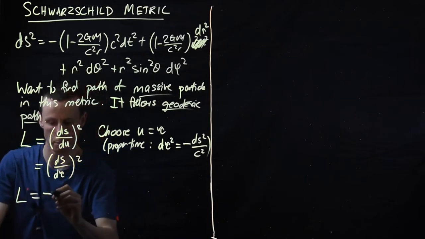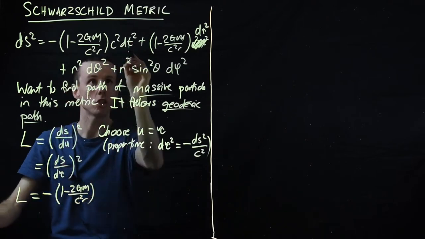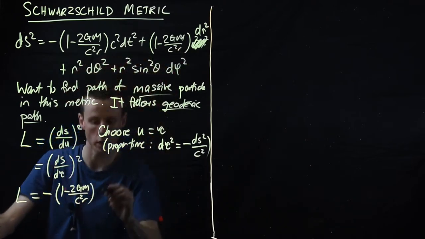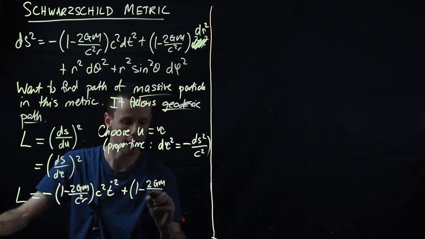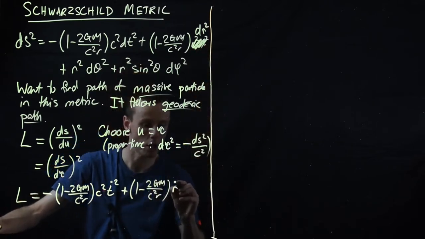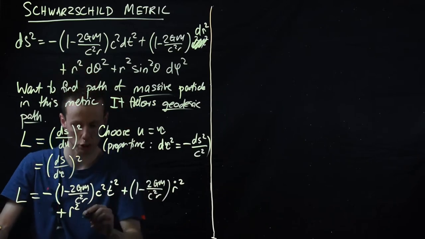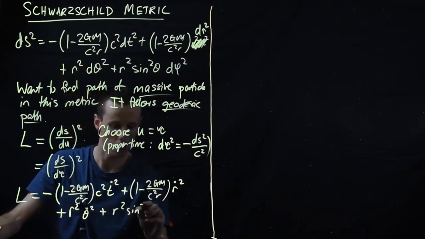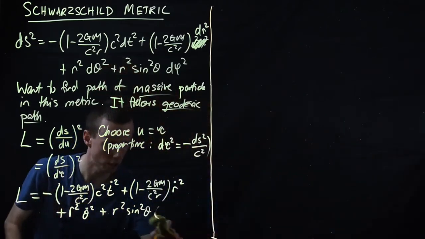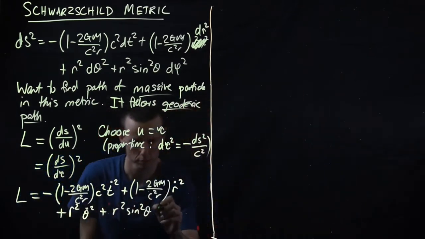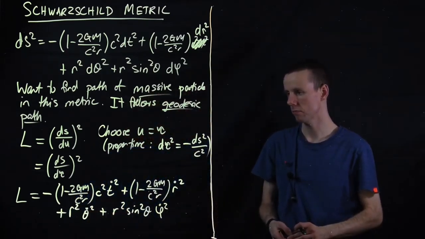So you will have minus (1 minus 2GM over c squared r) times c squared t dot squared, plus (1 minus 2GM over c squared r) r dot squared, plus r squared theta dot squared, and finally plus r squared sine squared theta phi dot squared. There's our Lagrangian.